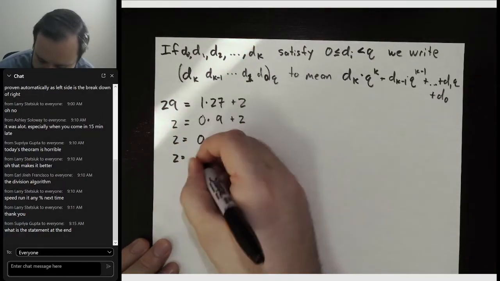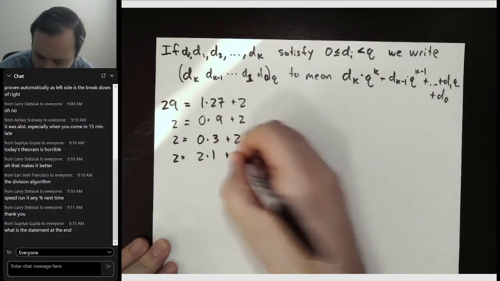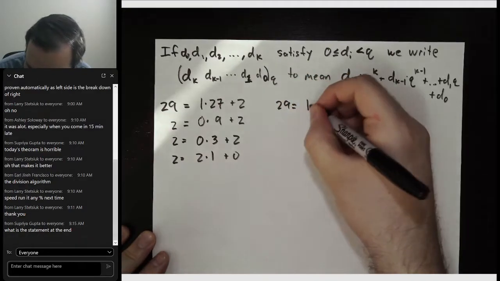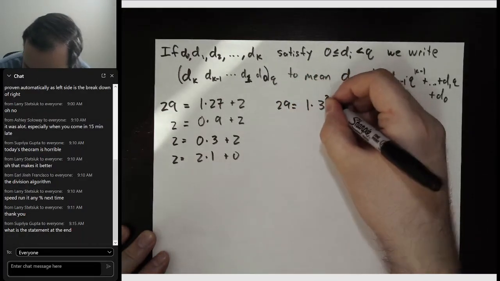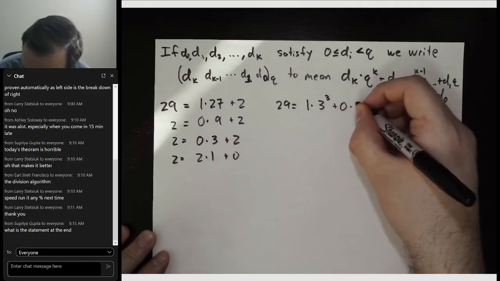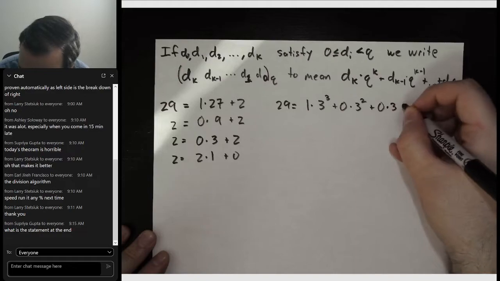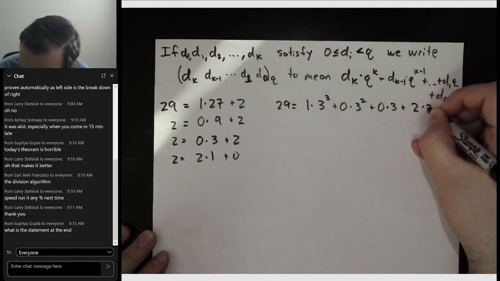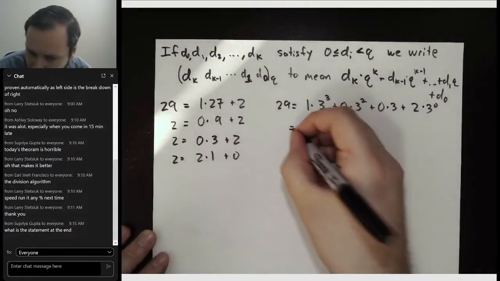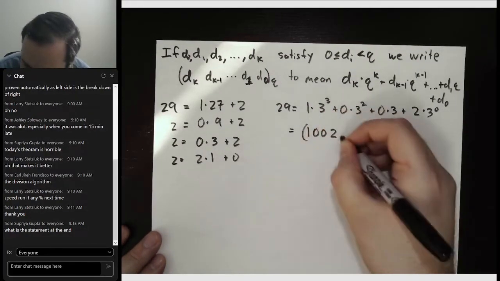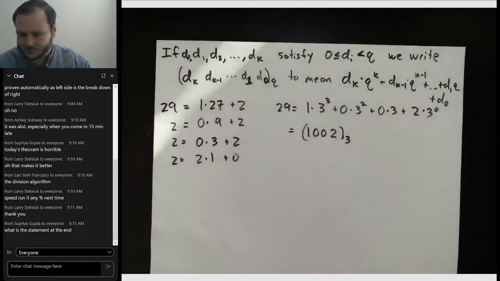And 2 is equal to 2 times 1 plus 0. Which means 29 is equal to 1 times 3 cubed plus 0 times 3 squared plus 0 times 3 plus 2 times 3 to the 0, or 1002 base 3.